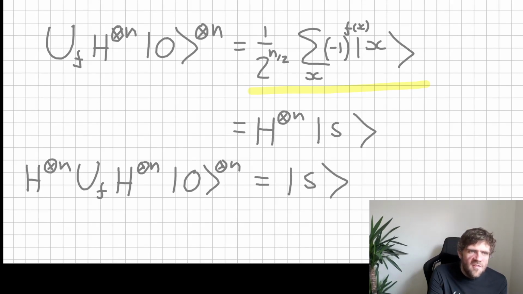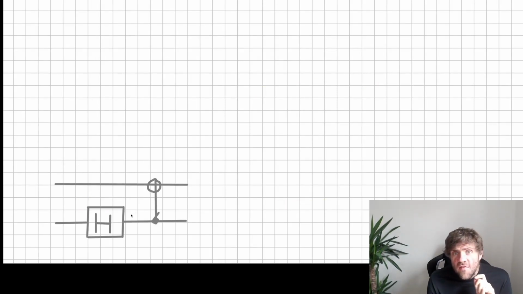So here we have done just a single query to this oracle instead of n, and we have gotten exactly the output we want. Okay, now for something completely different.